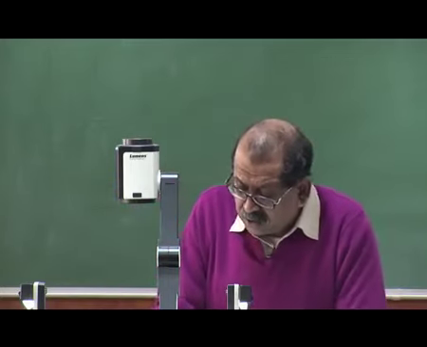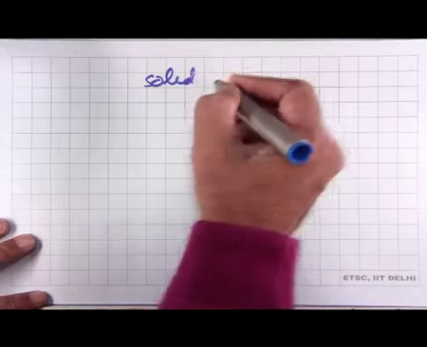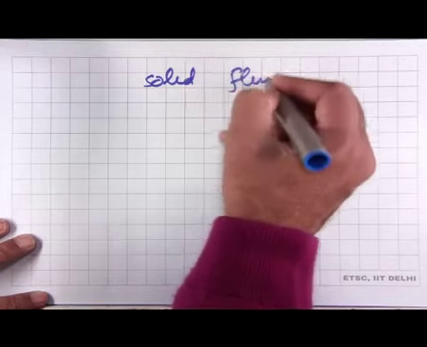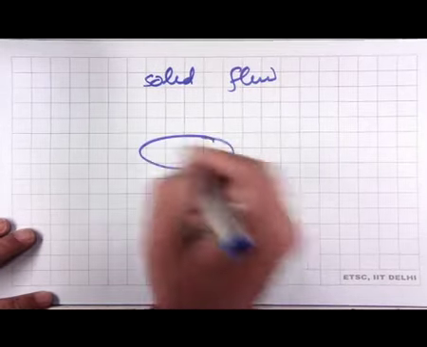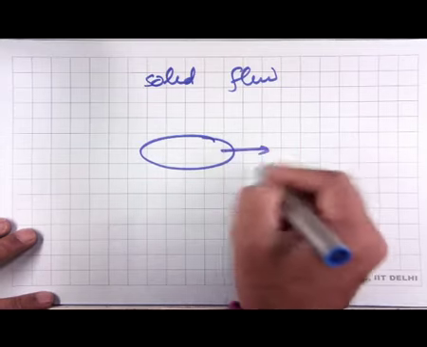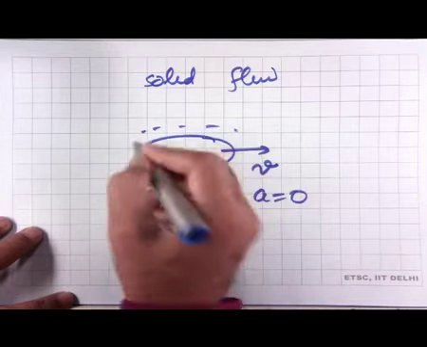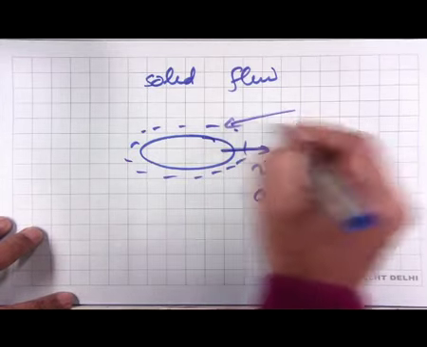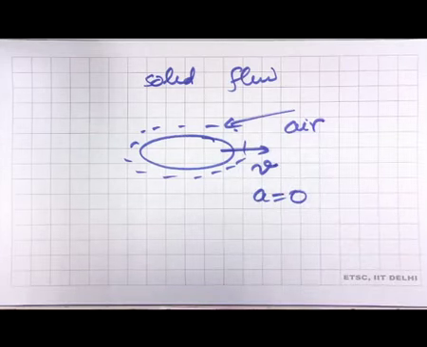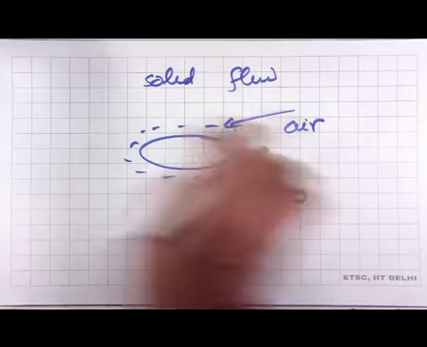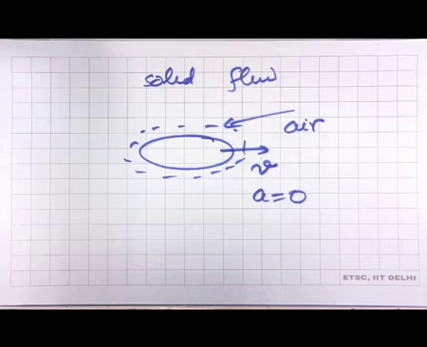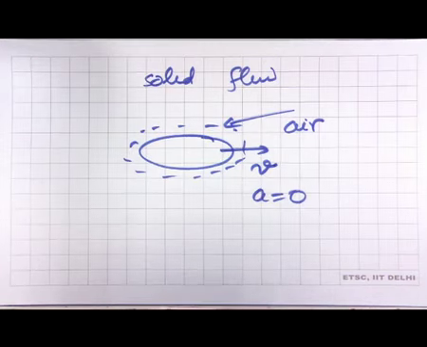But when we have a solid in contact with a fluid, let us say this plane which is moving with the velocity v, let us say the acceleration is 0, and surrounding this is air. Now the air will also exert some force on this body, a friction.